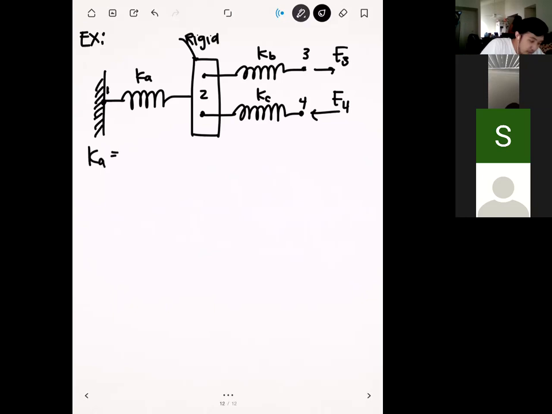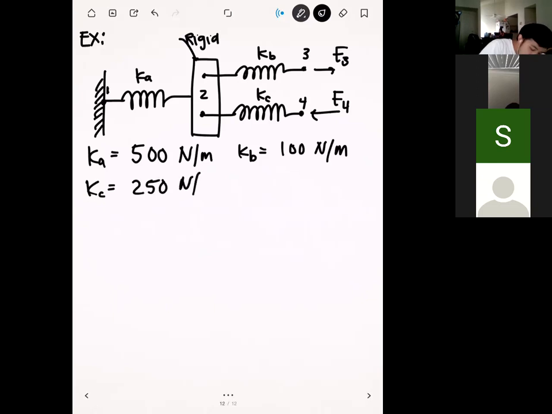Let's put some values into this. So let's say that Ka has a value of 500 newtons per meter. Kb has a value of 100 newtons per meter. Kc has a value of 250 newtons per meter.